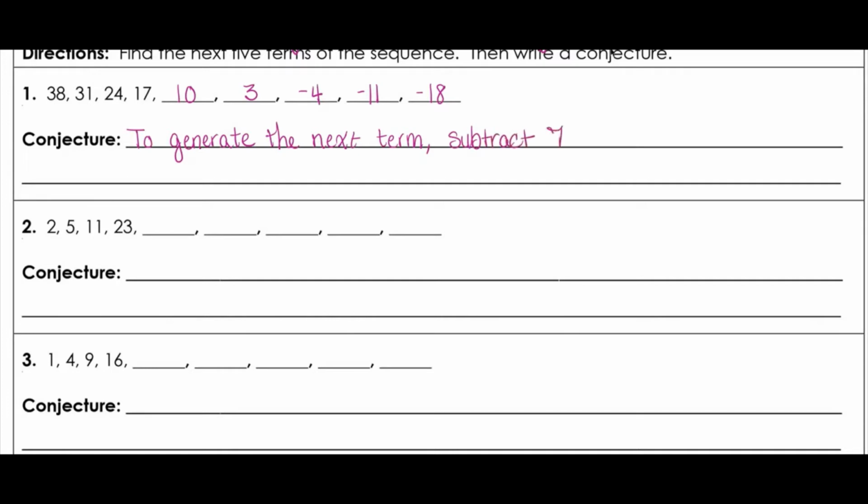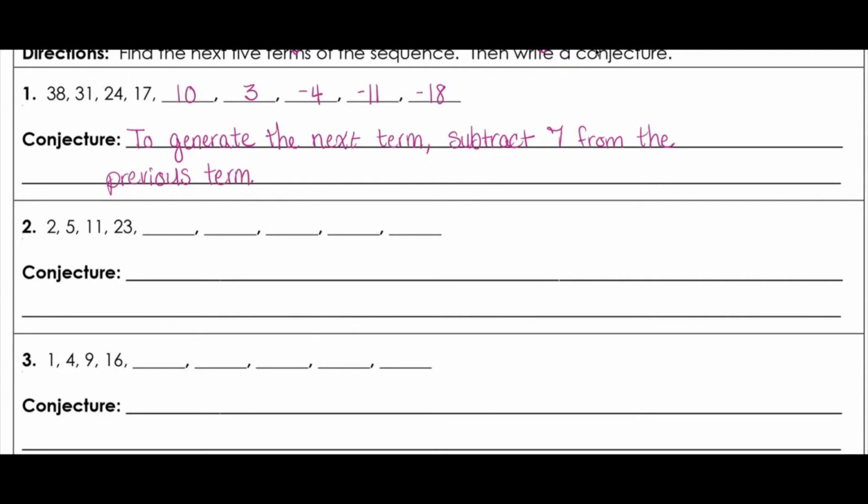So I'm going to put it as, to generate the next term, subtract 7 from the previous term. Right? It's like an instruction to someone randomly reading this, or you give it to someone else and they need to be able to know what to do based on your conjecture.